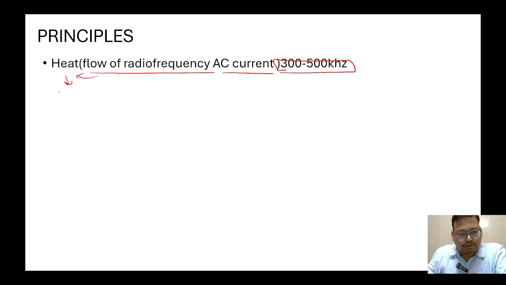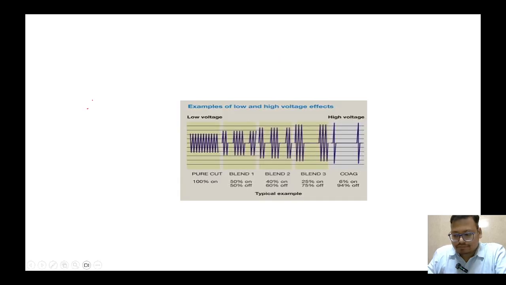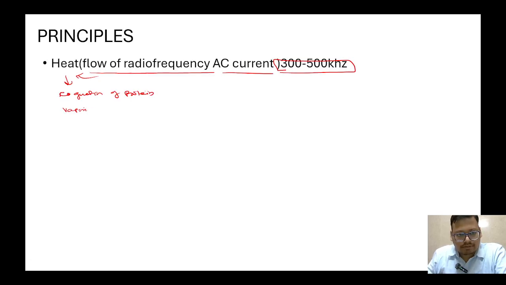This heat will cause coagulation of proteins, or vaporization of tissue, vaporization of ICF, intracellular fluid. Coagulation of protein leads to formation of coagulum that will seal the vessels.